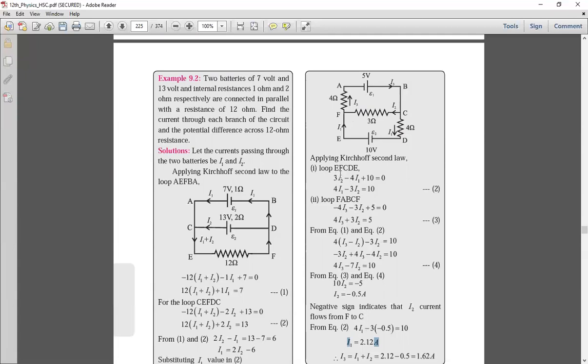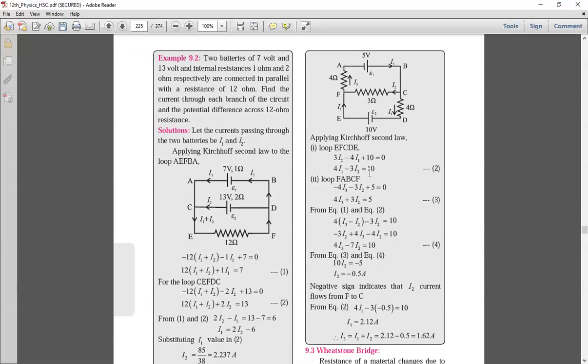They have considered loop EFCD E. From E to F we have nothing. From F to C, as current is flowing from C to F, C will be plus and this point will be negative, as by the loop name you are moving from F to C. Try to solve this problem in the way I explained.